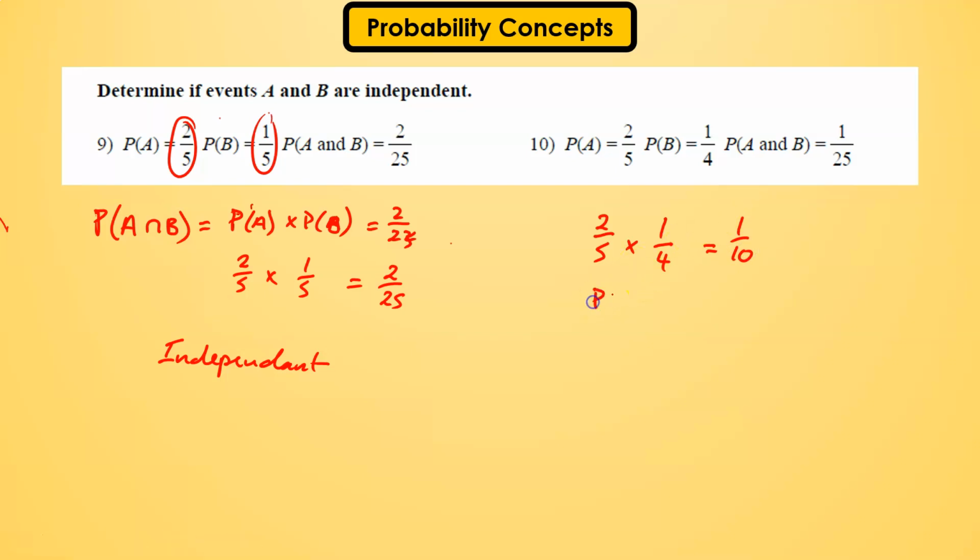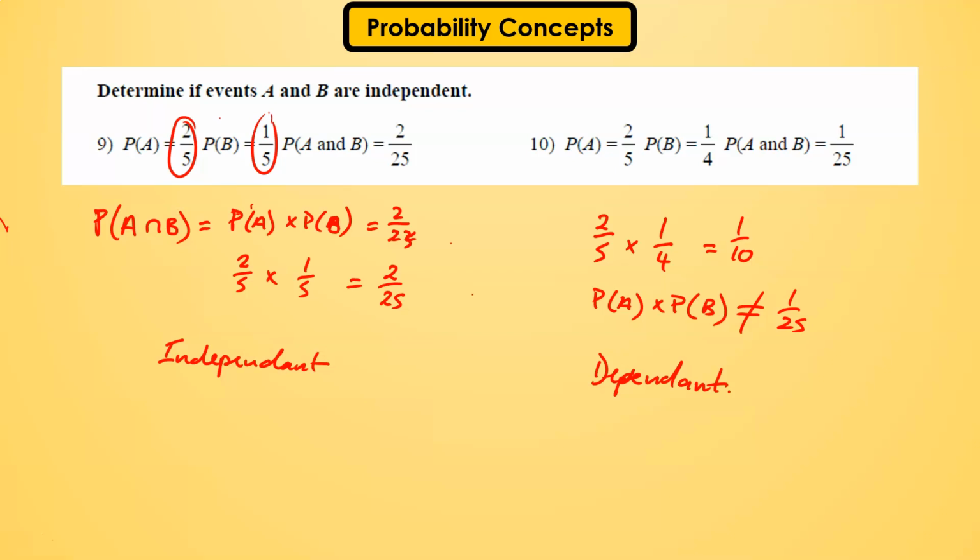So the probability of A times the probability of B doesn't equal 1/25. So the events are dependent. And that's basically it.